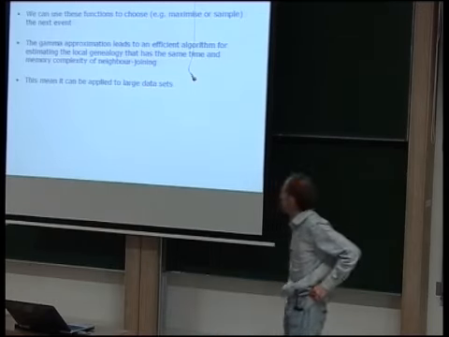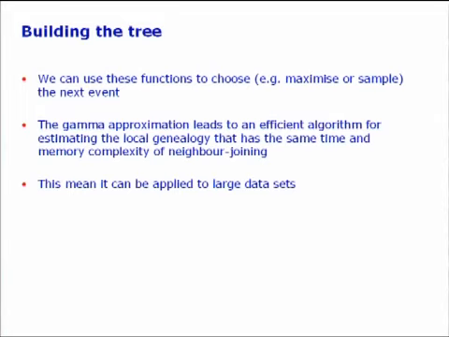What then do we do? What we've done is given ourselves a way of evaluating different further steps in the tree building process. So we can use these functions to choose the next event, and you might want to maximize, or you could sample from some pseudo-posterior.